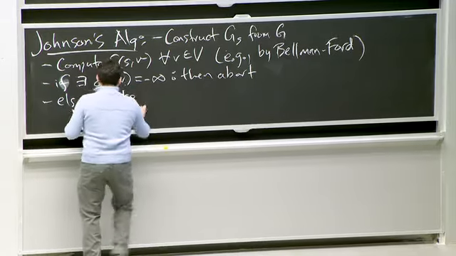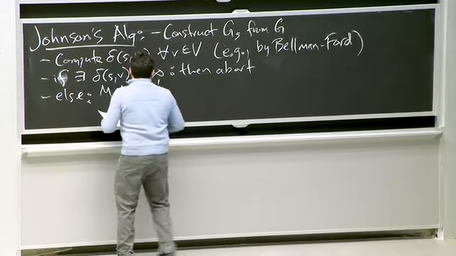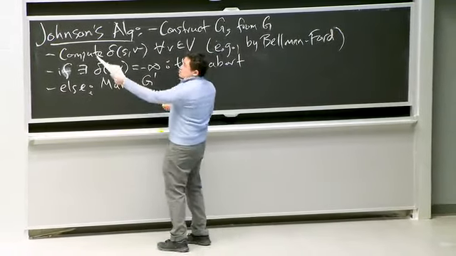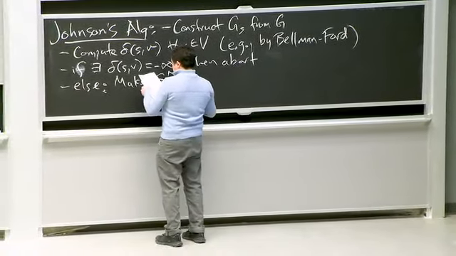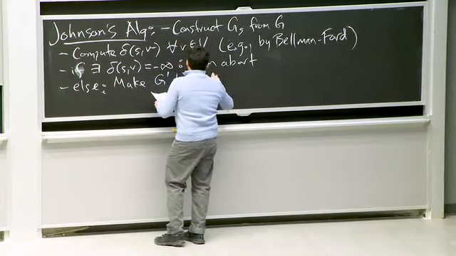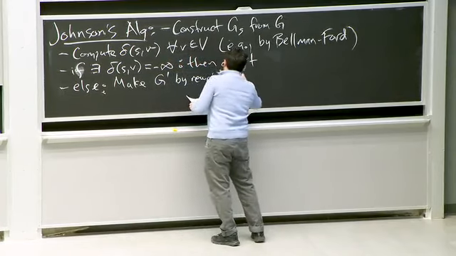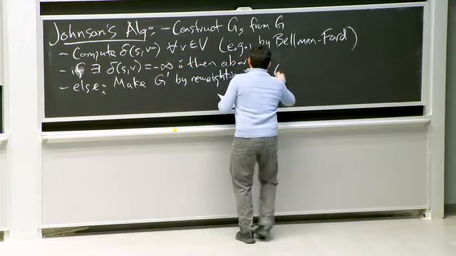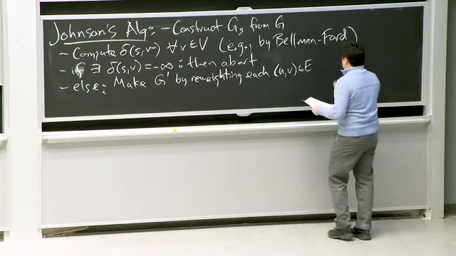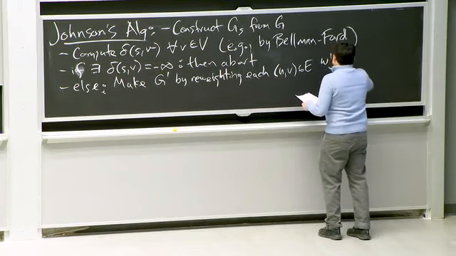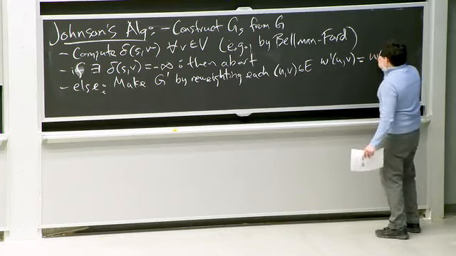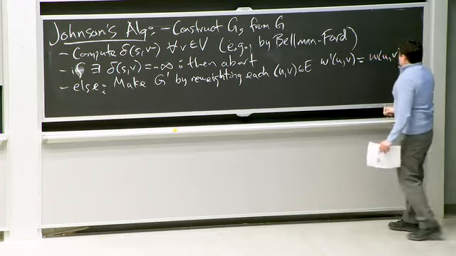Make, we reweight the graph according to this reweighting scheme, right? By reweighting each edge in my original graph to have weight, our new weight, which is our old weight plus our transformation.